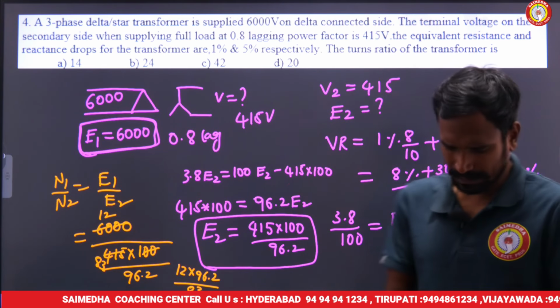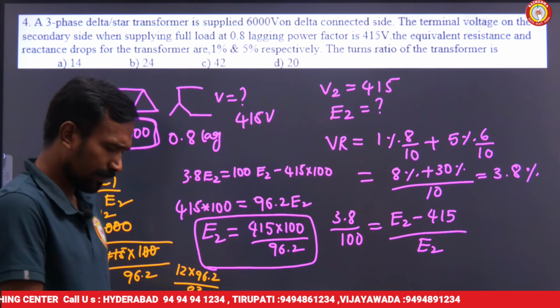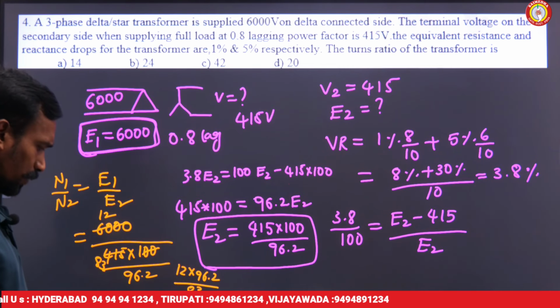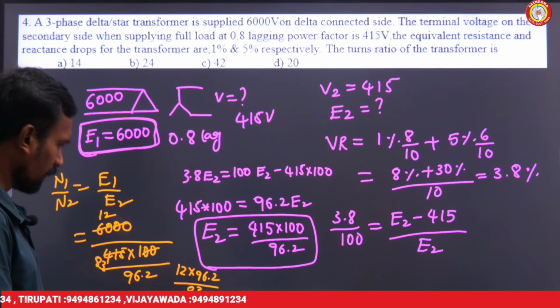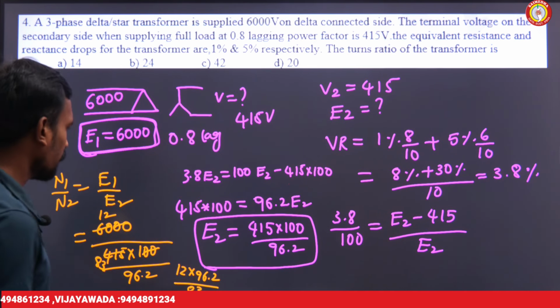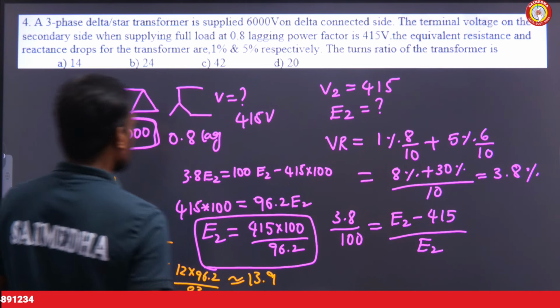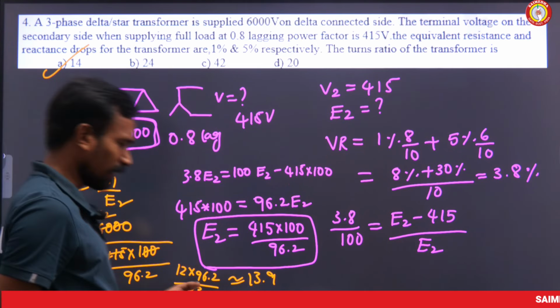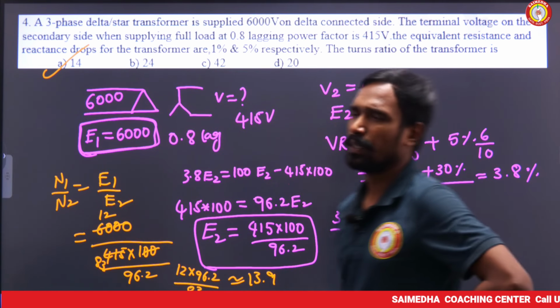Let's try to calculate it. 12 into 96.2 divided by 83 is 13.9. Approximately 14 will be your answer.